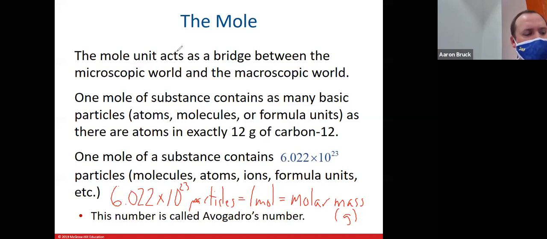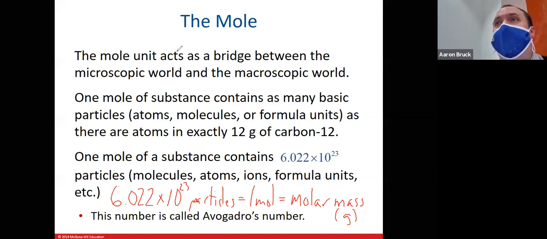We can compare directly the number of particles of an object and the molar mass of an object, the mass that we get off of the periodic table of elements, using moles as that bridge in between. And so what that means is that if I have 1 mole of carbon, I expect that carbon to weigh 12.01 grams.